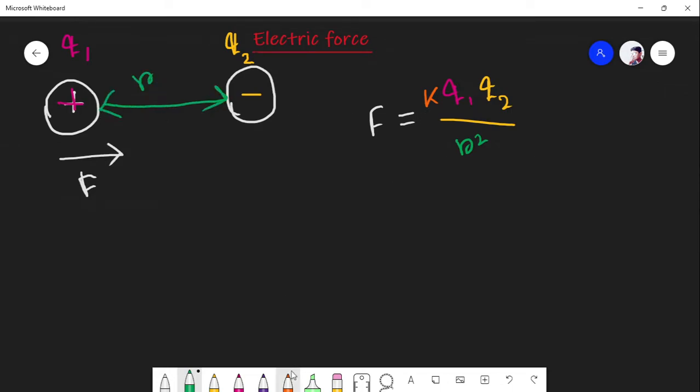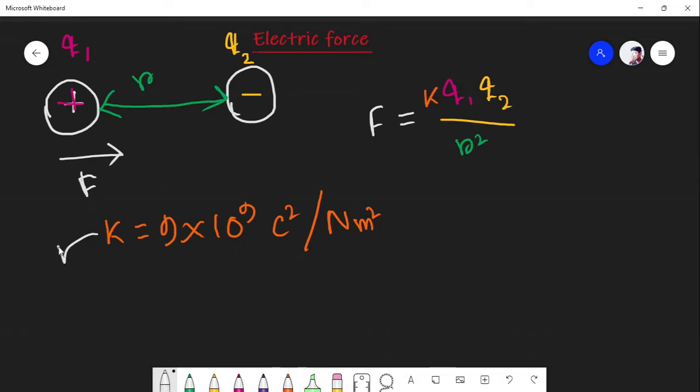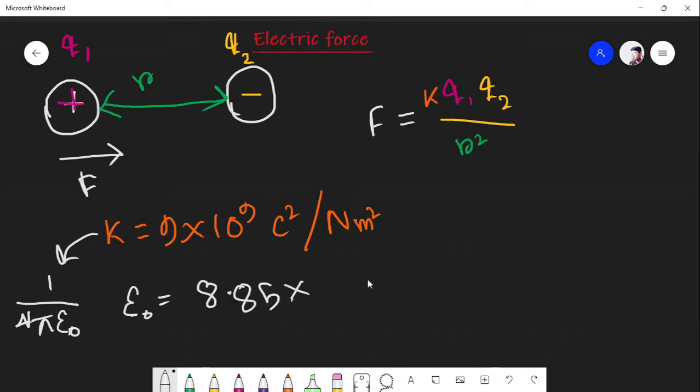And this constant K is equivalent to 9 times 10 to the power 9 Coulomb squared per Newton meter squared. And the constant comes from 1 over 4 pi epsilon. And this Greek symbol epsilon has a value of 8.85 times 10 to the power negative 12 Coulomb squared per Newton meter squared.